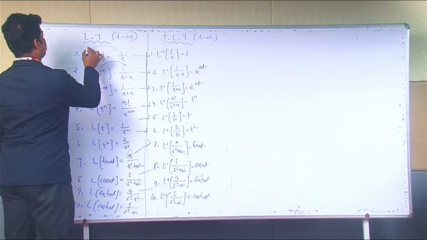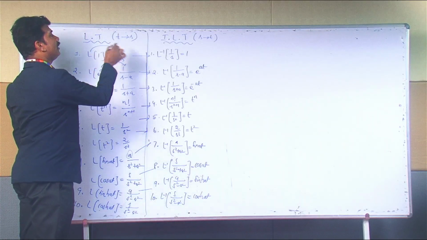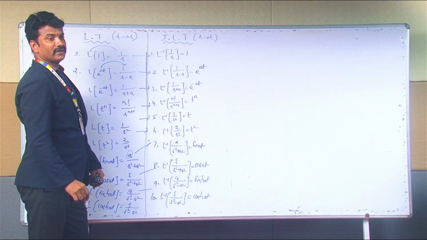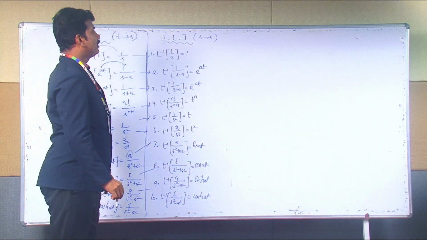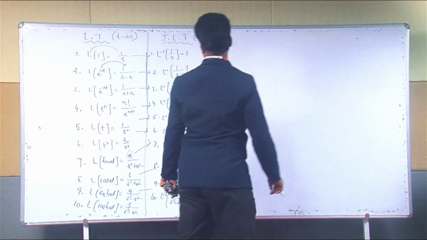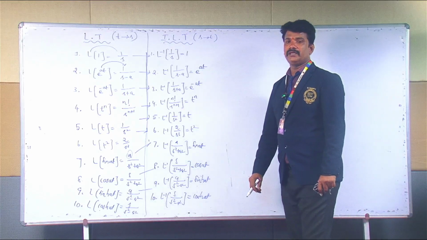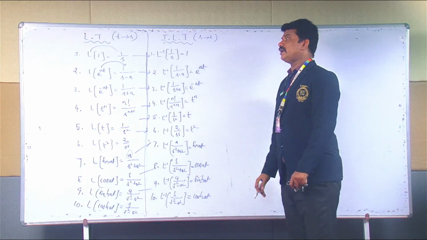Look at here, Laplace transform means the function is transforming into what? t to s. Inverse Laplace transform means the function is transforming s to t. So this is the main difference. These are among the most important and primary formulas for Laplace transformation.